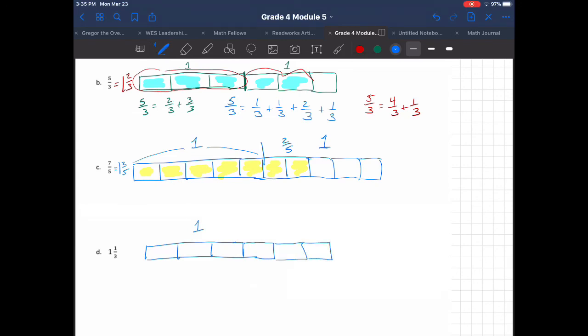I'd need 2 more thirds to make another whole one. But we're only doing 1 1/3. And we can see from doing that 1 1/3 equals how many thirds? 4 thirds. And of course, you can write out some number sentences with thirds.